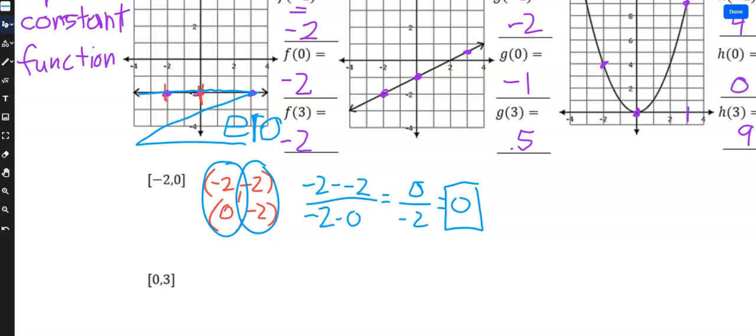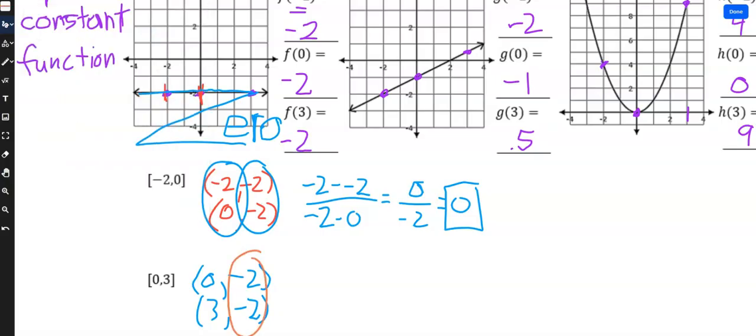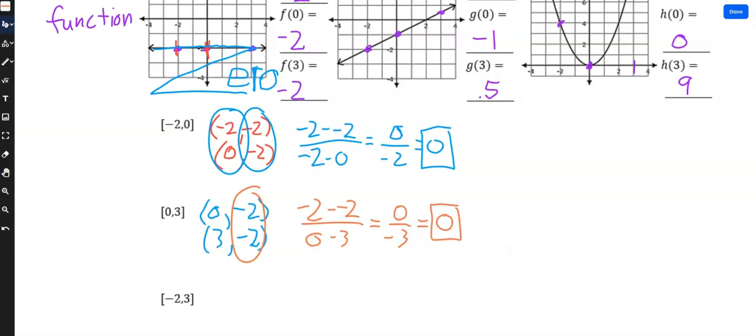Well, what happens from 0 to 3? Okay, so that's 0, -2 to 3, -2. So now I'm going to do a very similar thing to what I did before. Difference in the y values over difference in the x values, 0 over -3, and that still gives me 0. And lastly, they want from -2 to +3.